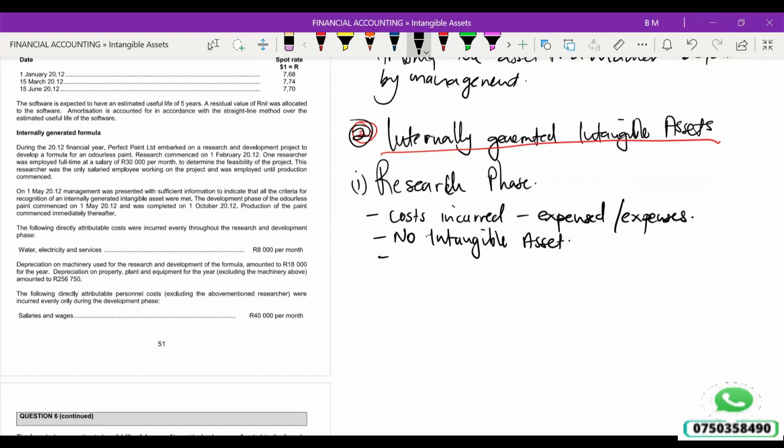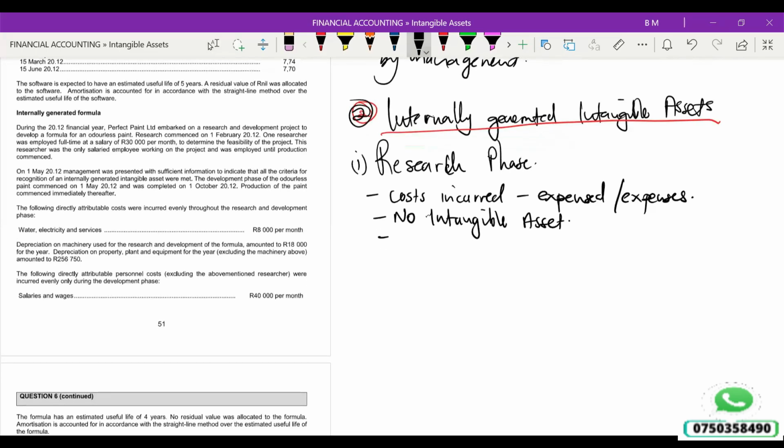Do we have the materials? Do we have the devices? Everything that is needed for us to actually process the systems? We are still on the research phase. Do we have the knowledge to actually manufacture the intangible asset?